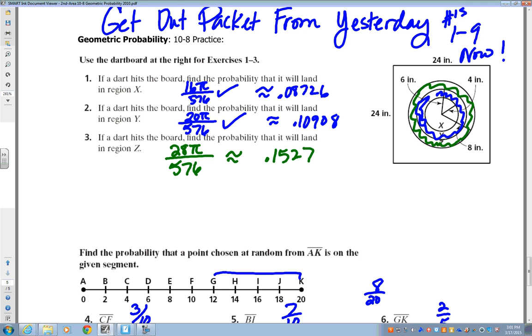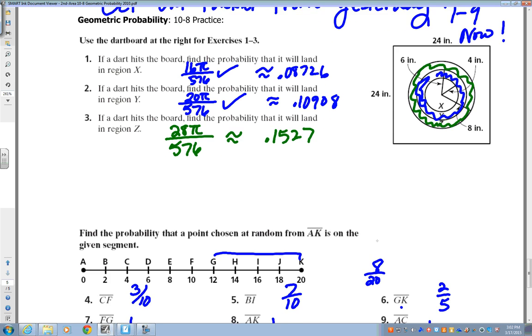Technically, because it's 28 pi, if there was a 576 pi, the pi's would cancel out, and then you could reduce the ratio. So this is like 28 times pi over 576. If they put the decimal for the pi, the 20, then I'll give you credit for that.